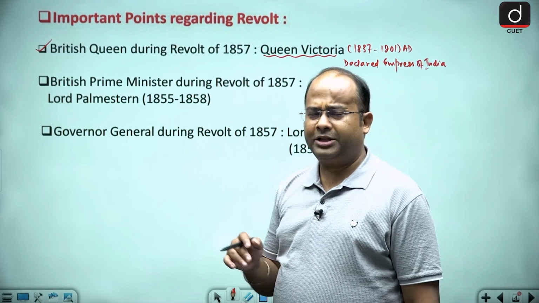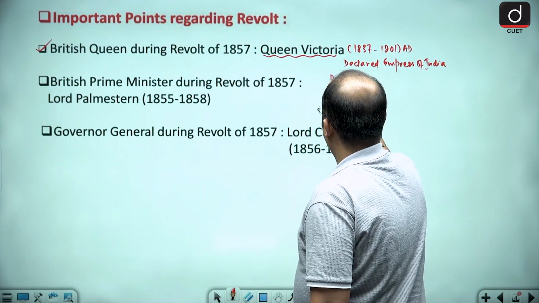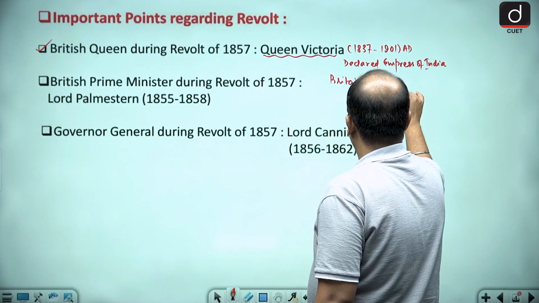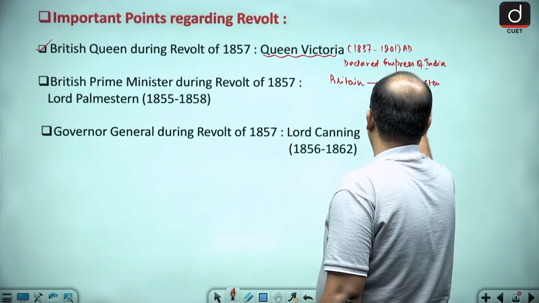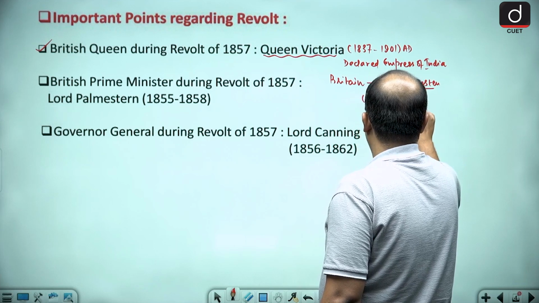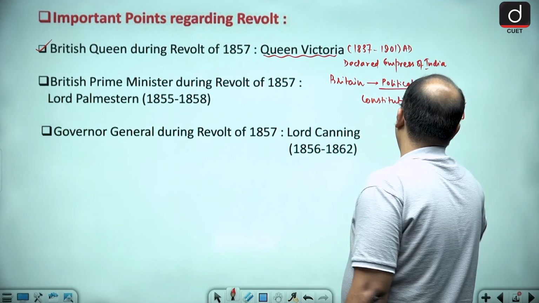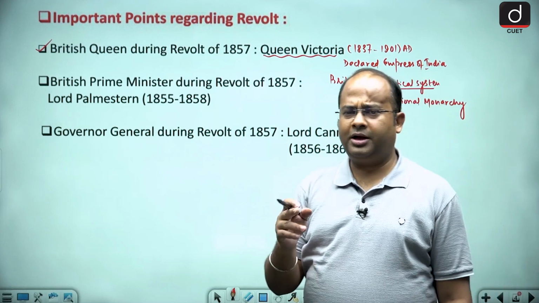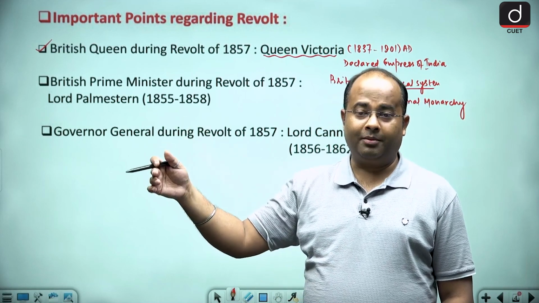Now, we all know that Britain is a constitutional monarchy. The British political system is a constitutional monarchy, where the head of the country is not elected, he is from a particular family, whereas the head of the government is elected.